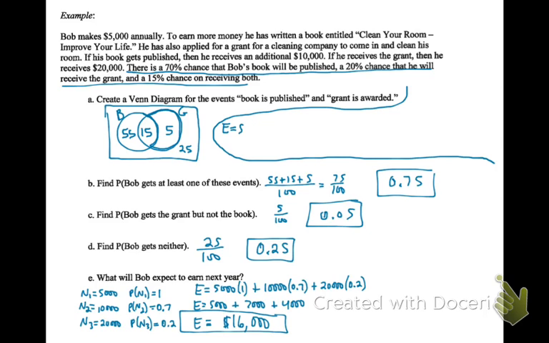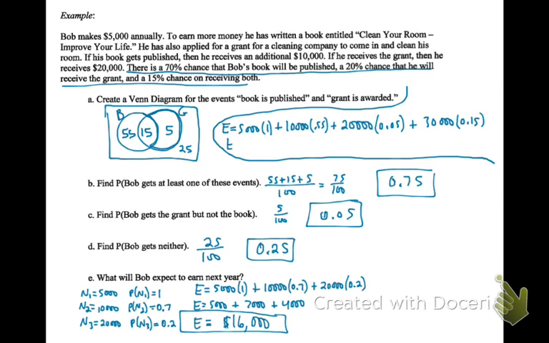So I have $5,000 times 1, $10,000 times 0.55, and then $20,000 times 0.05. Now I have to account for that middle 15%, which is both of them, a total of $30,000 for both, times 0.15.